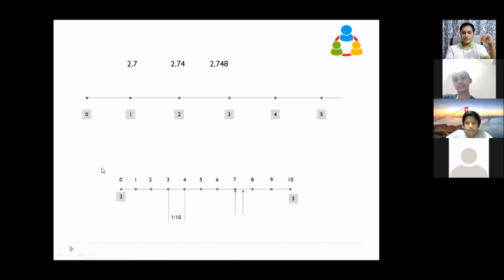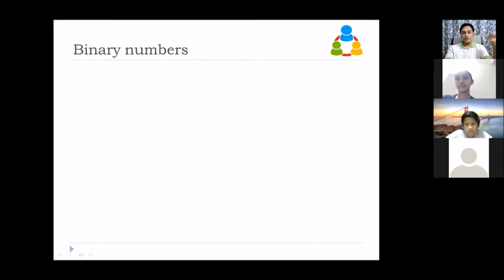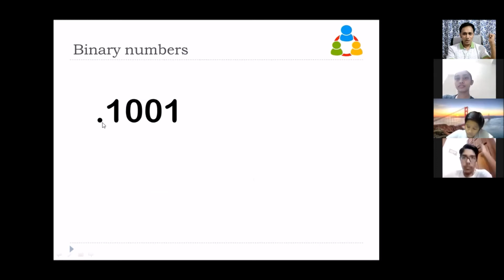Now this is a bit more accuracy. One more decimal means one more point, so the accuracy increases a bit more. Like somebody told, magnify it. Okay. Now let us get into the binary business. Let us assume there is a number like this. I'm not talking about what is on this side.